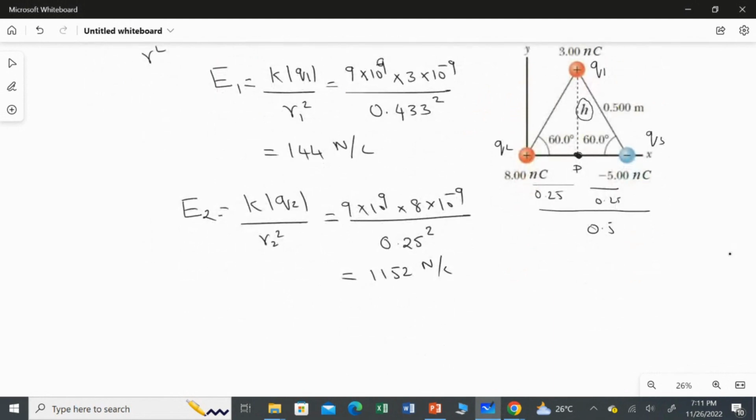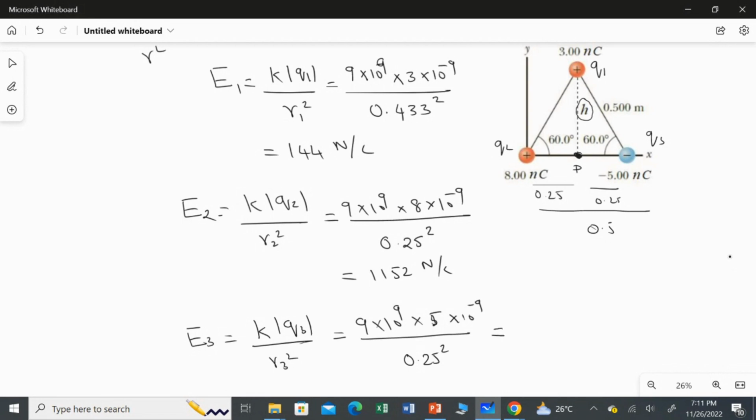And in a similar manner we have to find the electric field exerted by the third charge. So K magnitude of the third charge over R3 square. 9 multiplied by 10 power plus 9, multiplied by the third charge, which is negative, but we take only the magnitude, 5 multiplied by 10 power minus 9, over, again, the distance between the third charge and the point P, 0.25 square.